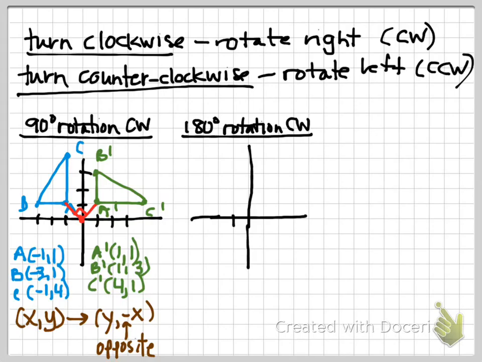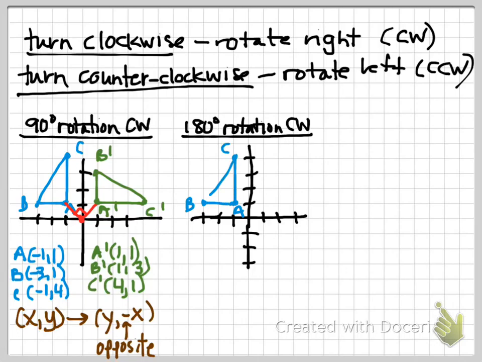And we're going to be 1, 2, 3, 4. And we're going to be A still in the same location. This is our negative 1, 1. B is going to be in the same location of negative 3, 1. C is in the same location of negative 1, 4.